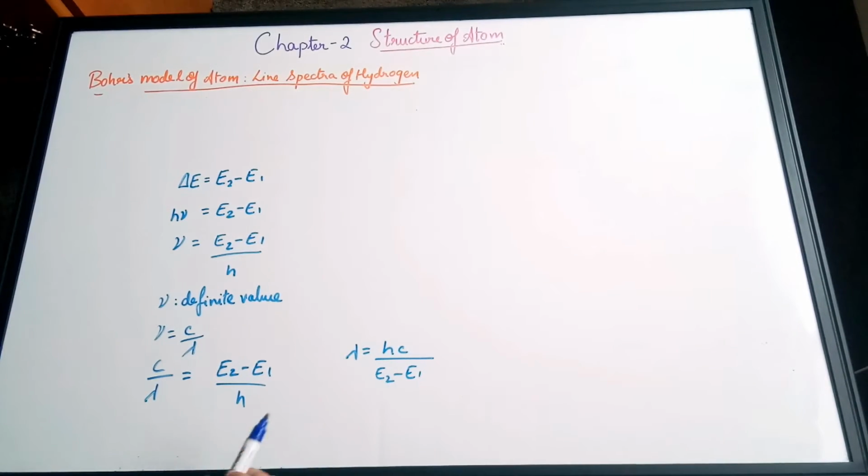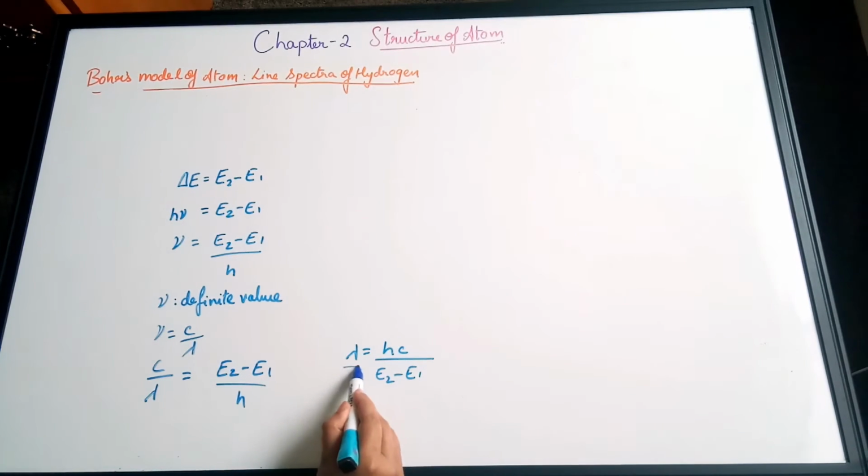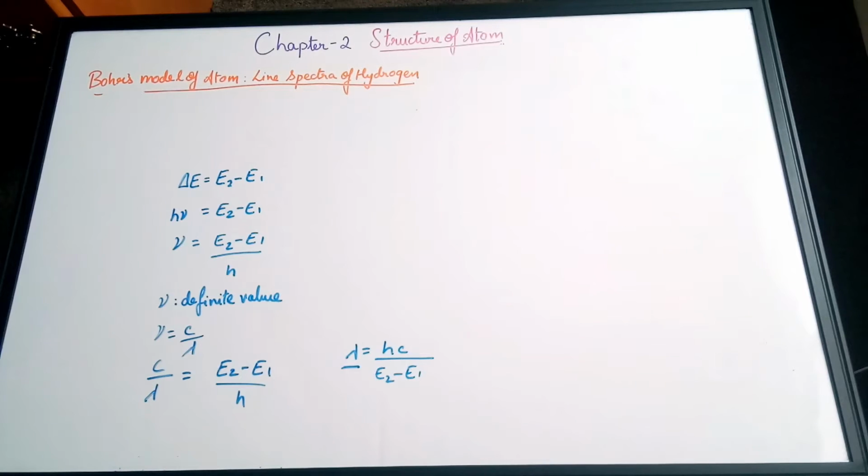Now we know that the values of E2, E1 and h are constant, and c is the velocity of light. So due to this, the transition of the electron from one energy level to another will show the wavelength as a definite value.